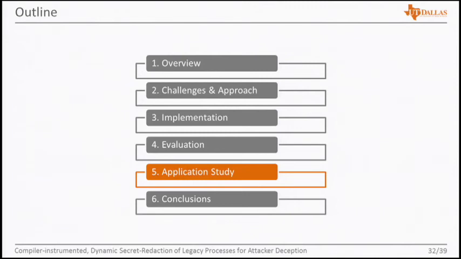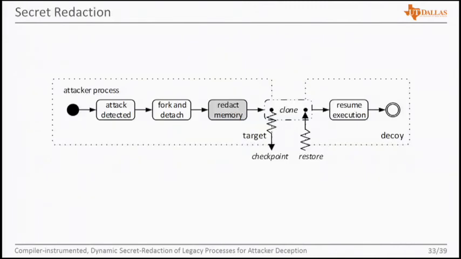As an application study for further evaluation of our system, we chose Honeypatching. As I mentioned, when the Honeypatch detects an attack, it forks a clone over to this unpatched decoy. The problem is, how do we redact secrets from memory before we allow the attacker to run over there? First, we instrumented the server with our PC2S, or pointer combined semantics.